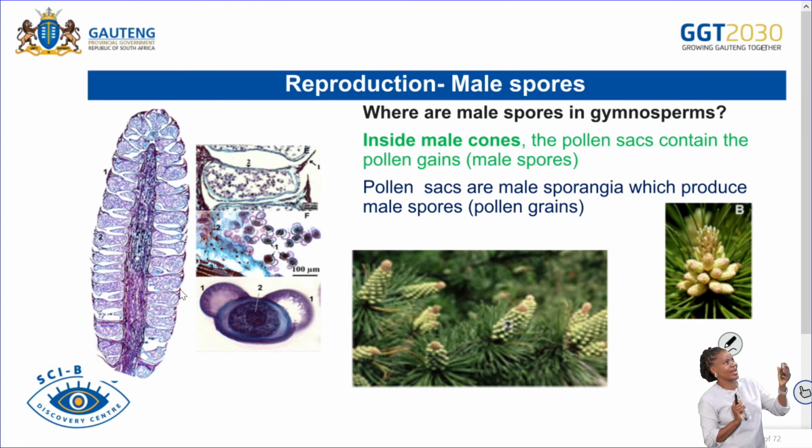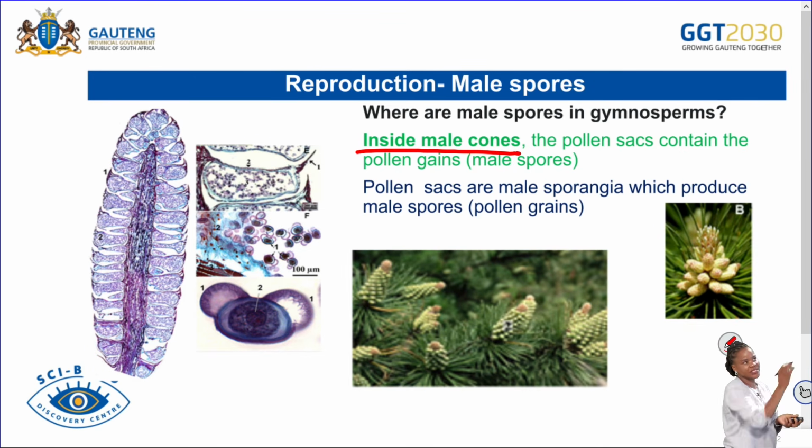Now, reproduction in male spores, how does it happen? Where do we get the spores in males in the gymnosperms? The male spores are developing inside the what?